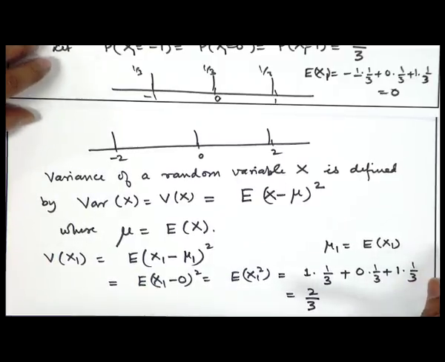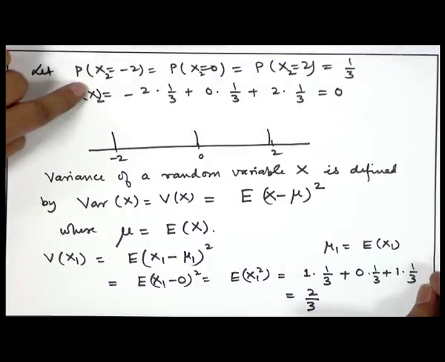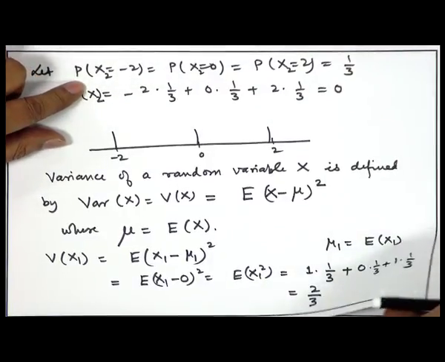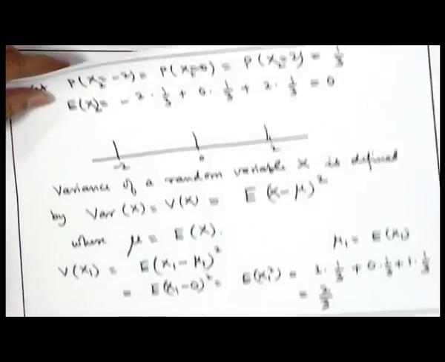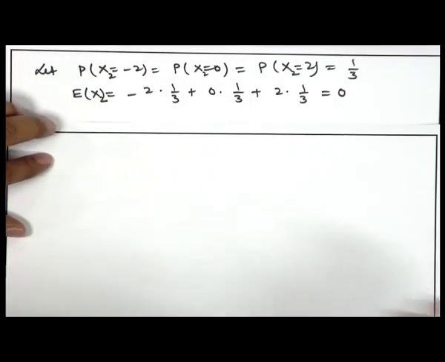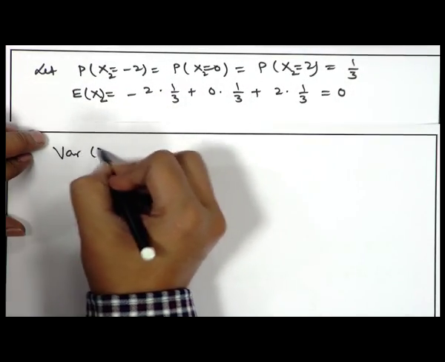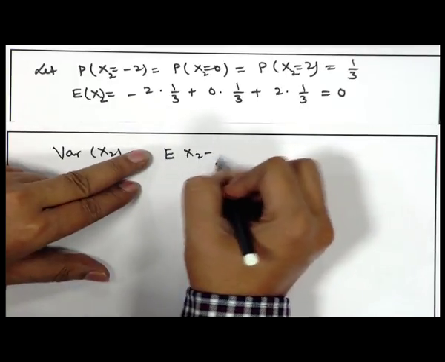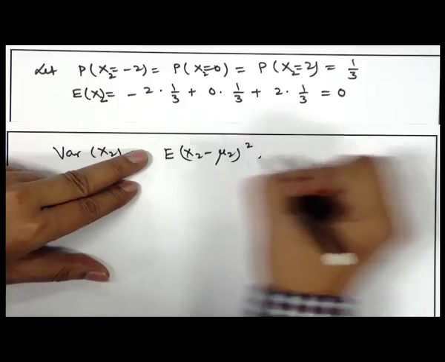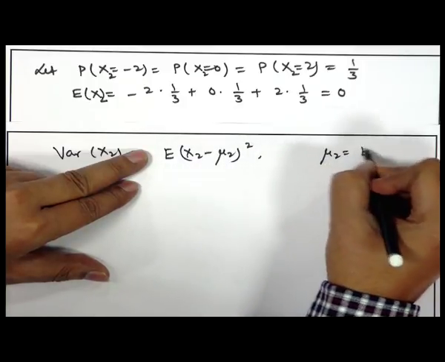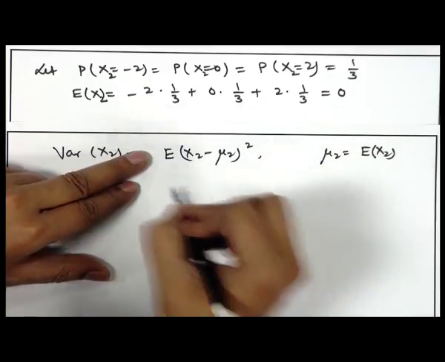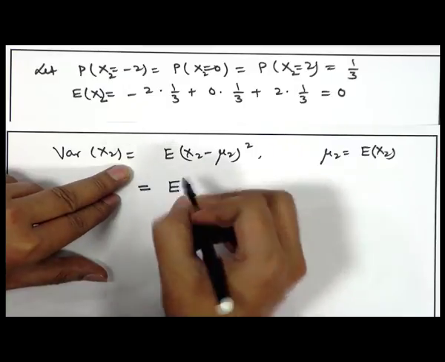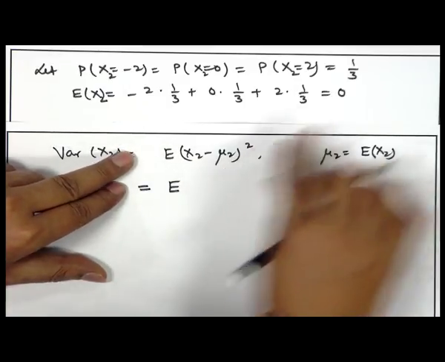Let us look at the same thing for the random variable x2. Variance of x2, that is expectation of (x2 minus mu 2) square, where mu 2 is nothing but the expectation of x2. Once again, expectation of x2 is 0.